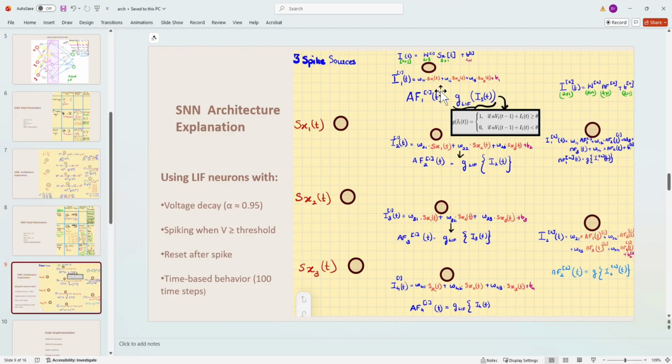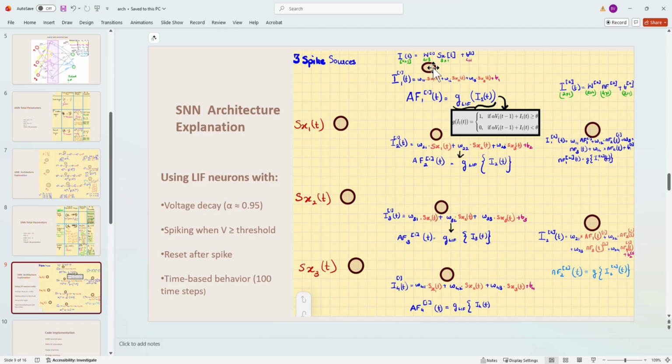I forgot to mention one thing. When the voltage crosses a certain threshold, the bucket overflows, the water is overflowing. That's our spike. That's when the neuron is fired. In our traditional artificial neural network, the activation is a continuous value, like 0.3 or 0.7.